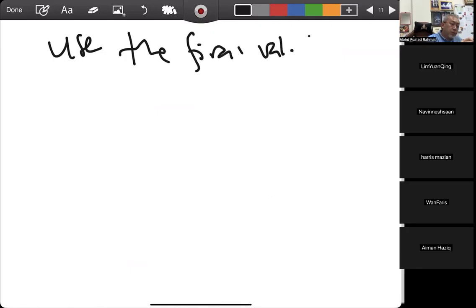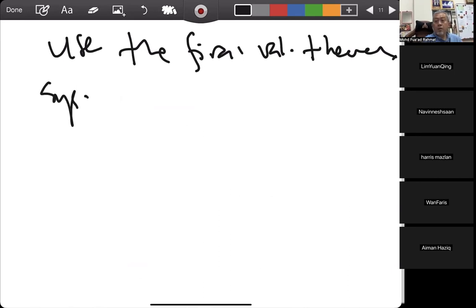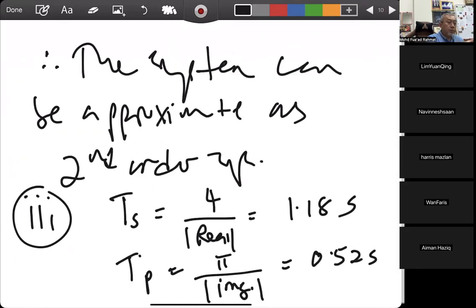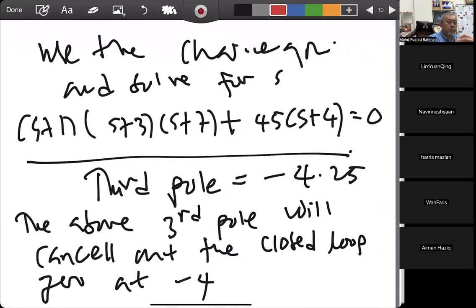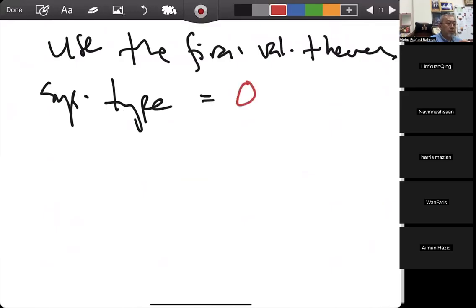Final value theorem. So this system is type what? Type 0. Type 0, eh? Type 0.